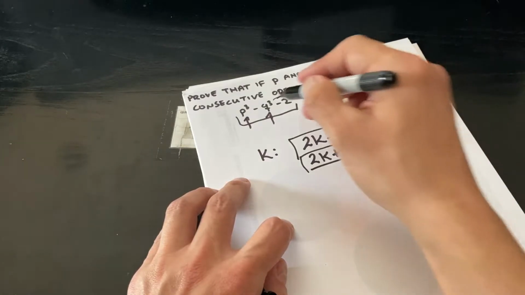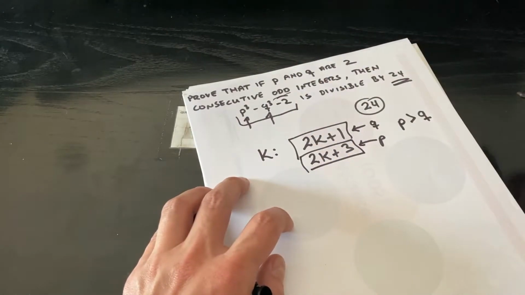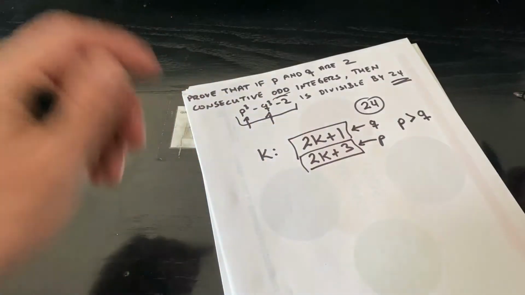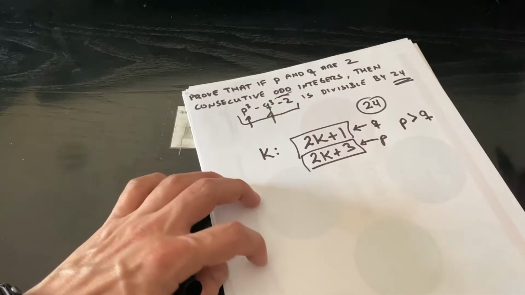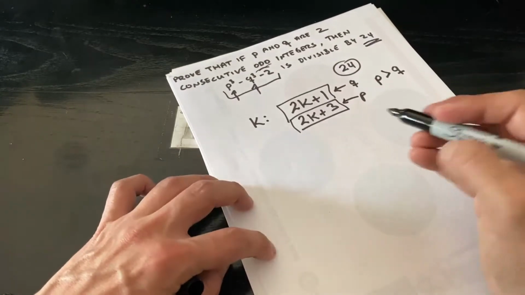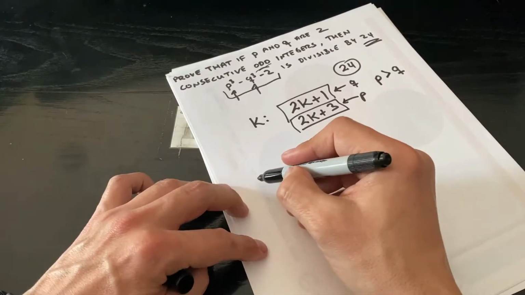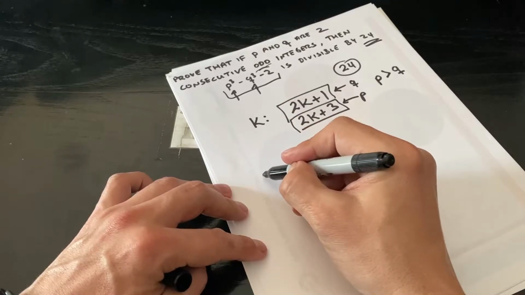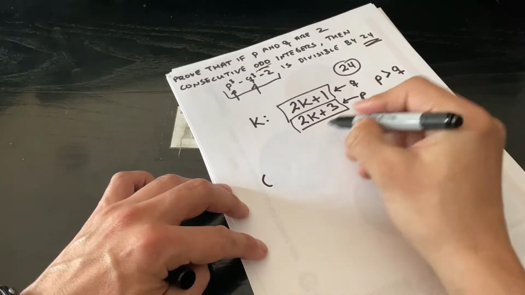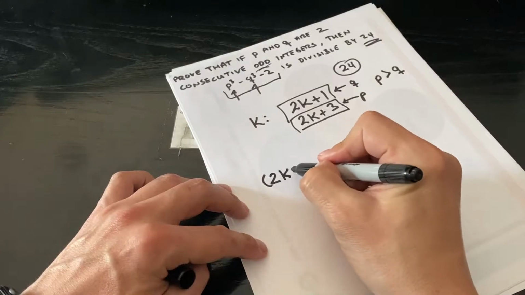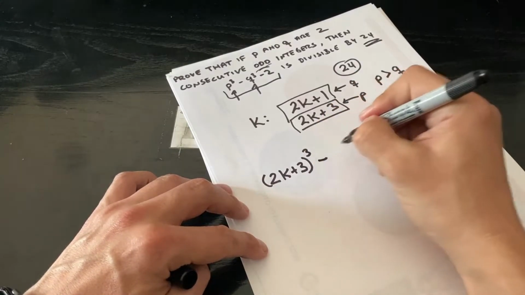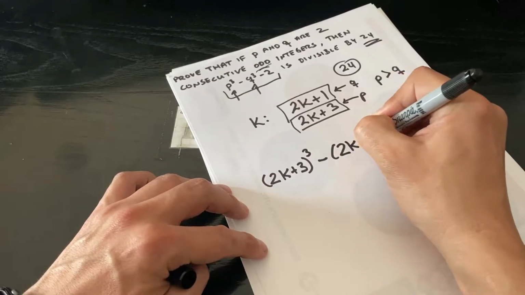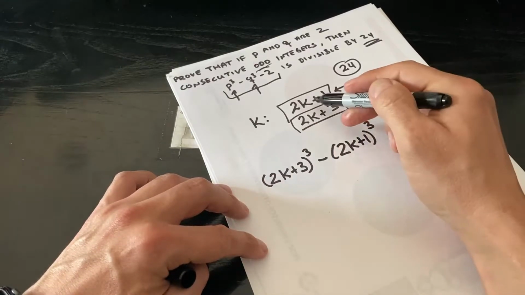And we're going to plug these into that formula that they gave us at the beginning, right? So if we plug these in, the equation that you're going to get out of this is basically p being (2k plus 3) cubed minus (2k plus 1) cubed, because that's q, right?